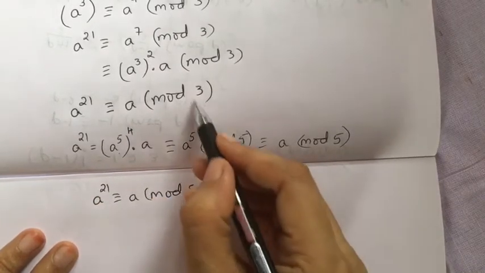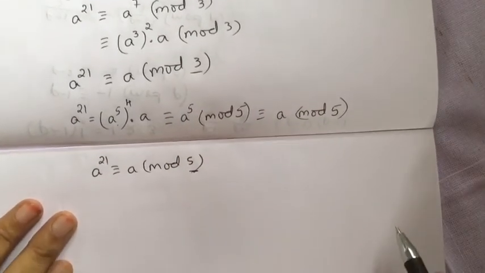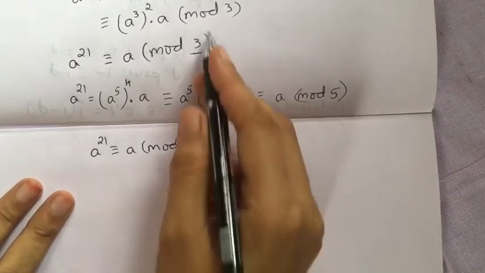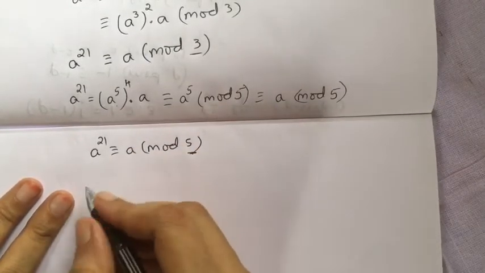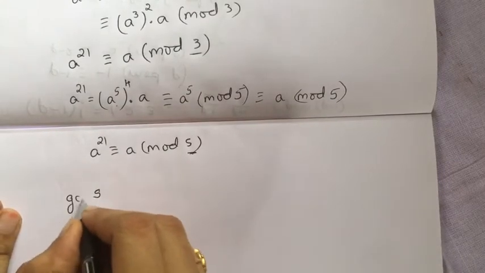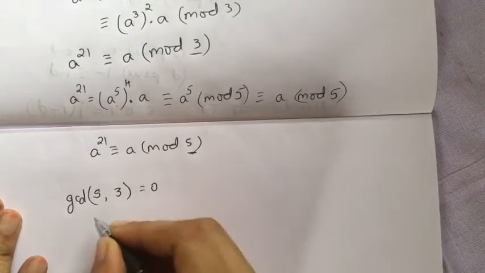Now when you look at this 3 and 5, they are primes and their GCD is 1. So that product divides a power 21 minus a. If you want, you can write GCD of 5 and 3 is 1.